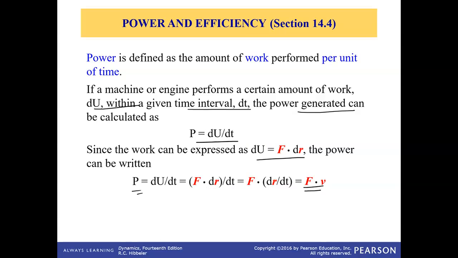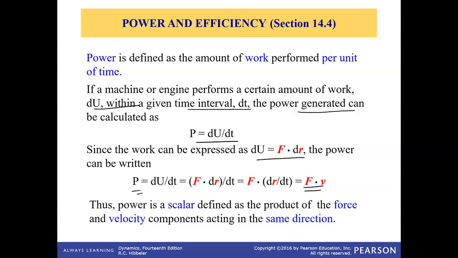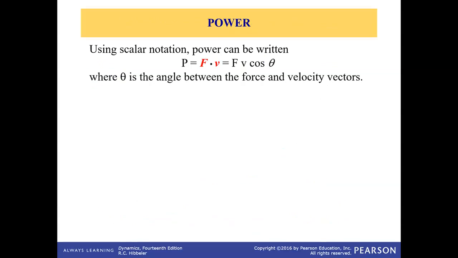Remember that the output of a dot product is a scalar quantity. Thus power is a scalar, defined as the dot product of force and velocity. The dot product can also be calculated as the magnitude of F multiplied by the magnitude of v multiplied by the cosine of the angle between them, cosine theta.